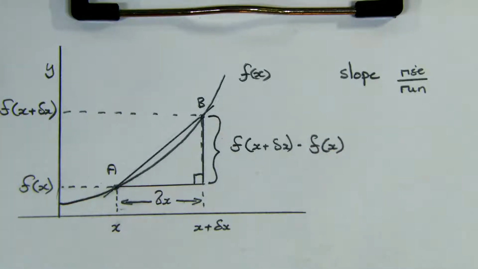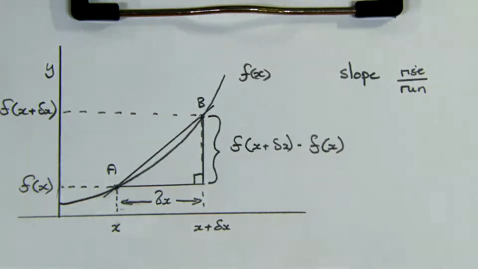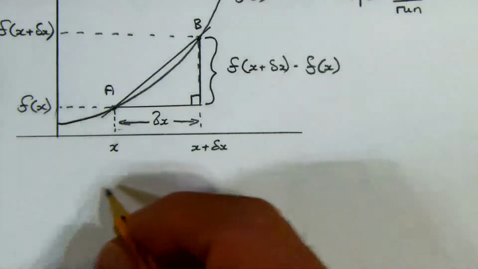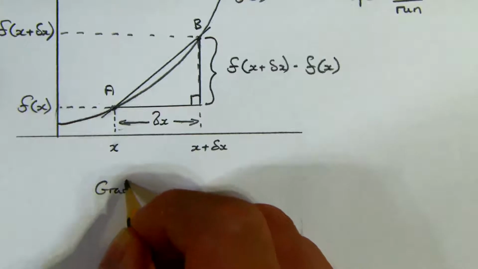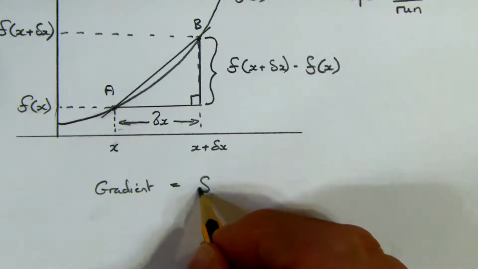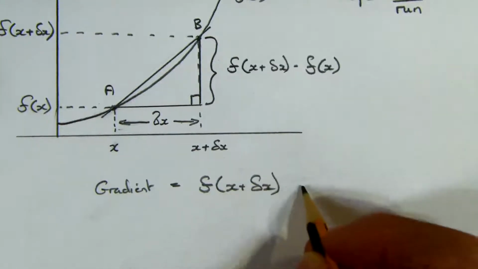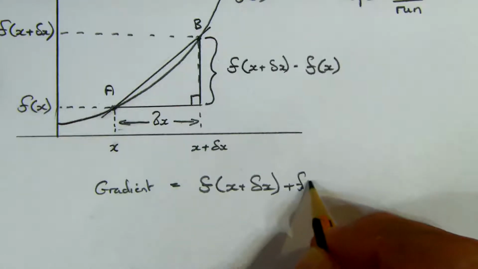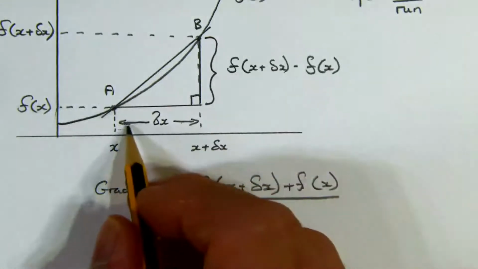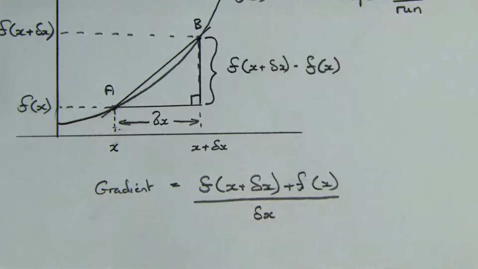And so we can work out now the slope of the line, and that slope of that line, or our gradient, is going to be our rise divided by the run, which here is going to be delta x.